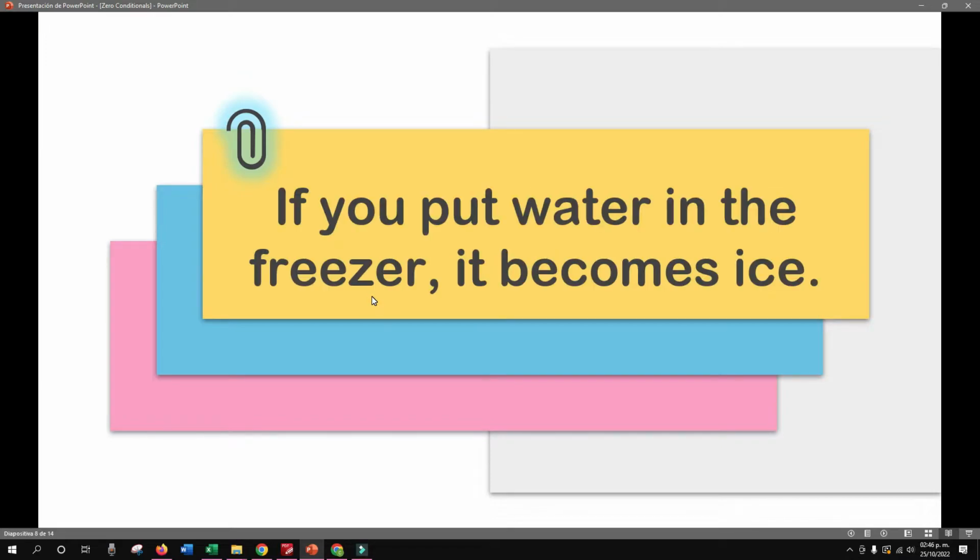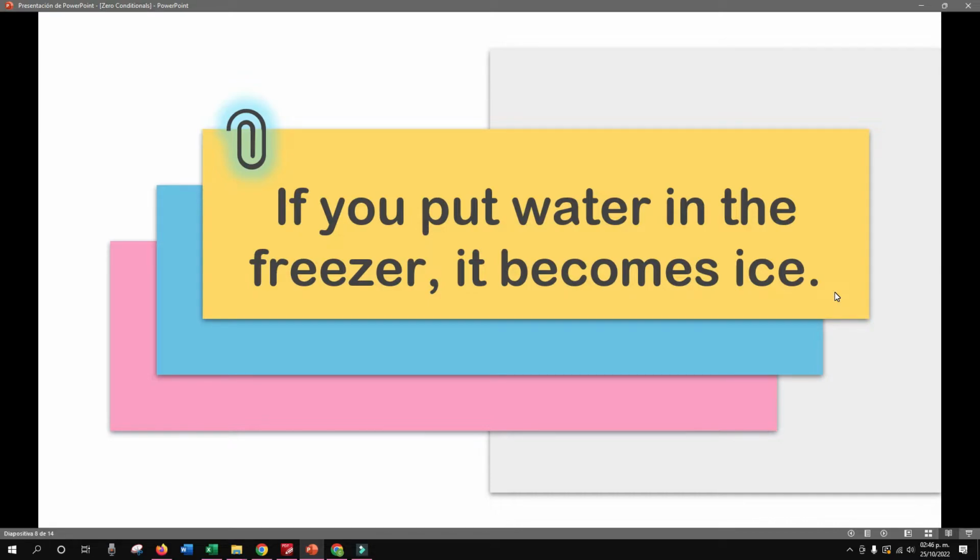So, if you put water in the freezer, it becomes ice. Here you are starting the sentence with if, right? Then you put water in the freezer, that is the same sentence. Then, comma, don't forget the comma here, it becomes ice, right?